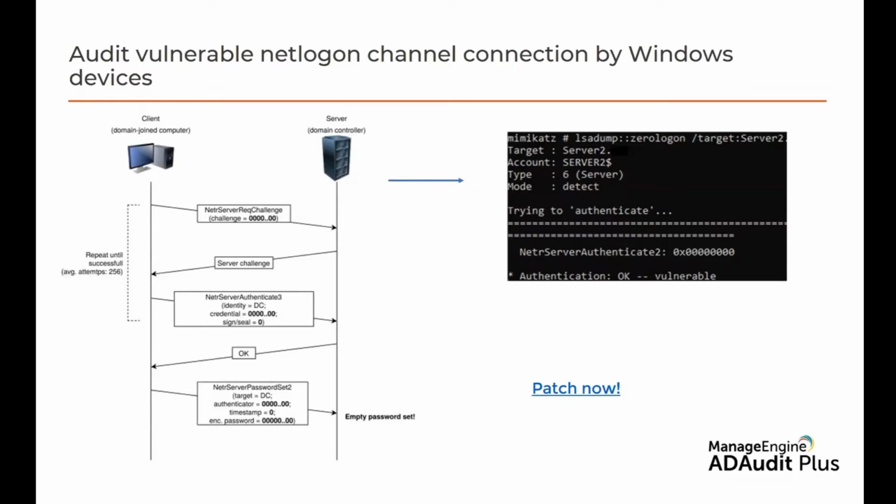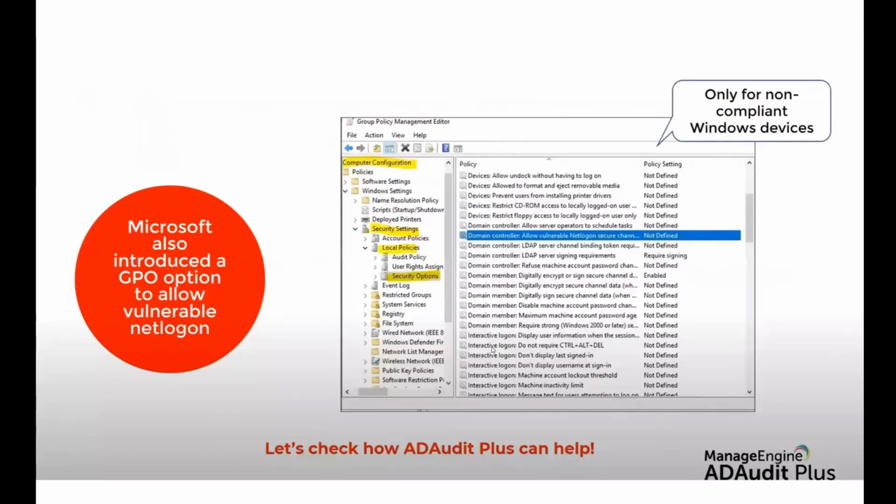So, okay, if I go to the next, we're going to need to enable auditing, just one audit setting that needs to be enabled. That would allow ADAudit to track and monitor the events in an even more meaningful way when any perpetrator is trying to log in or authenticate or trying to impersonate through a vulnerable Netlogon channel.